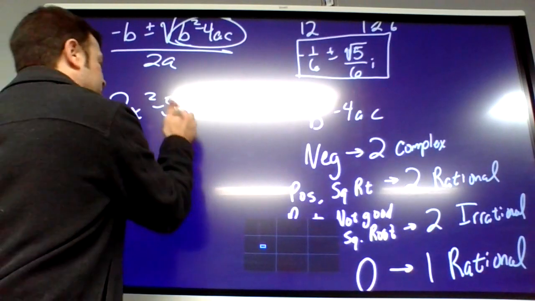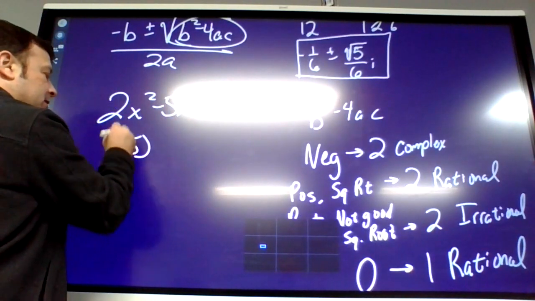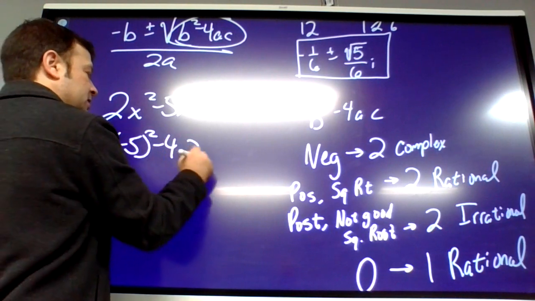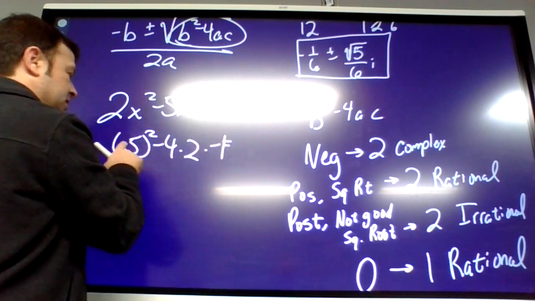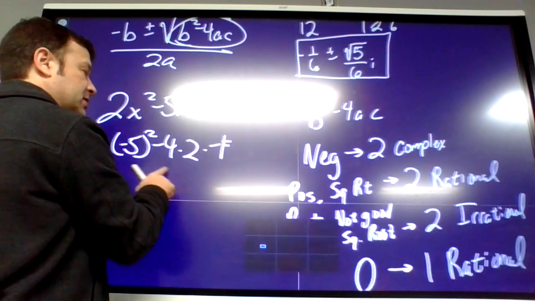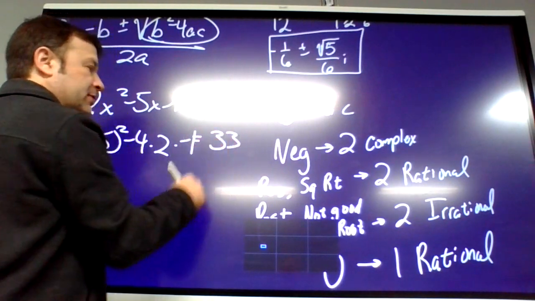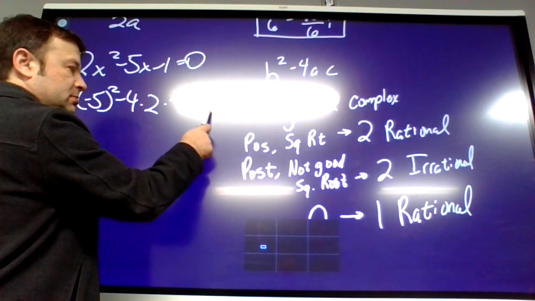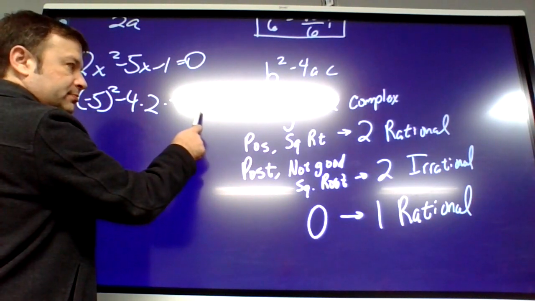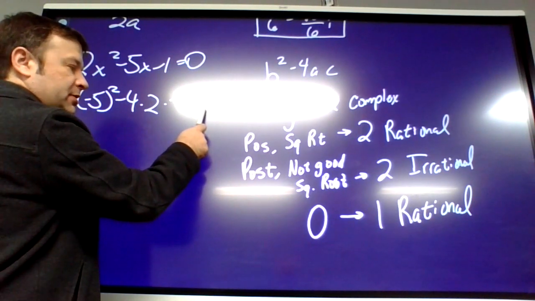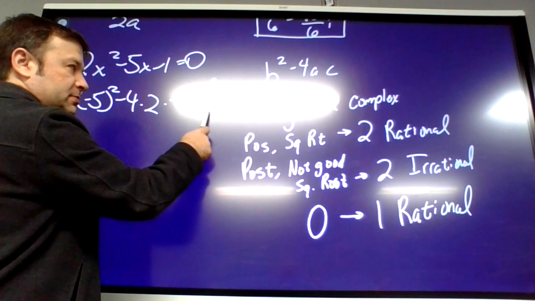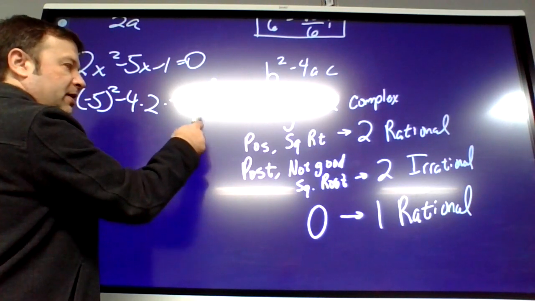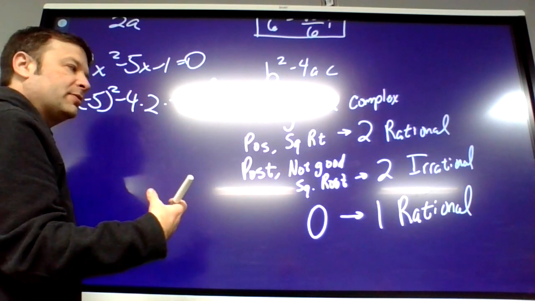Anyway, so b squared minus 4ac, in this case 25 plus 8 is 33. Okay, so it's positive. Does it have a nice square root? Does 33 have a nice square root? No. Like 36 has a nice square root, right?